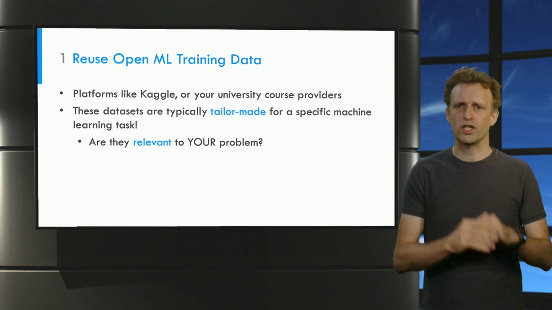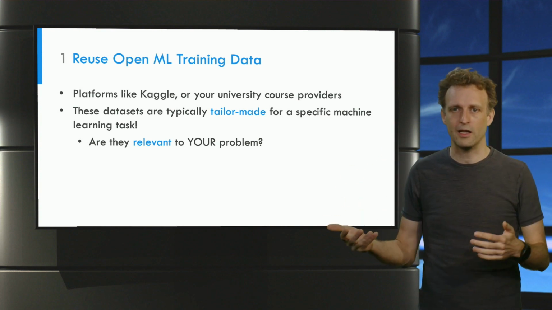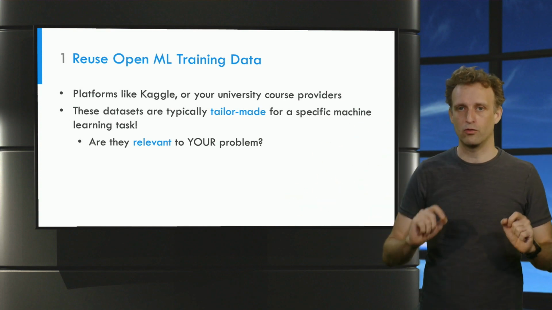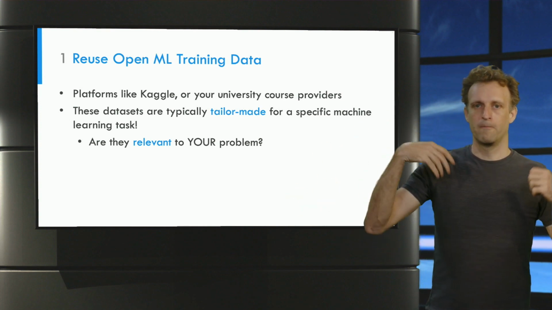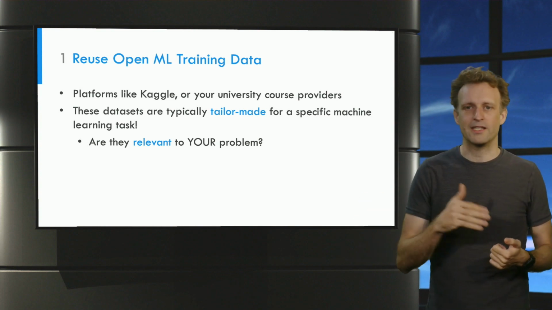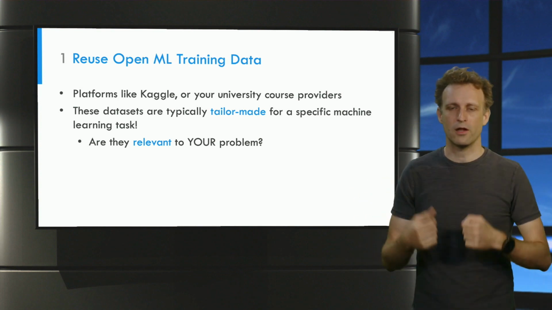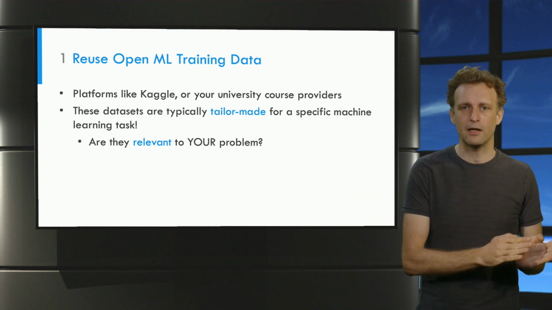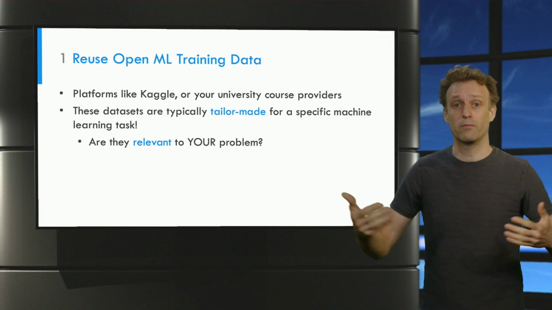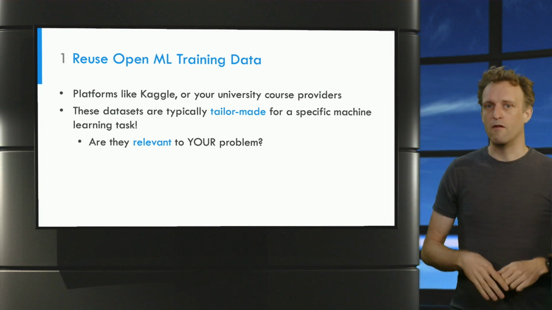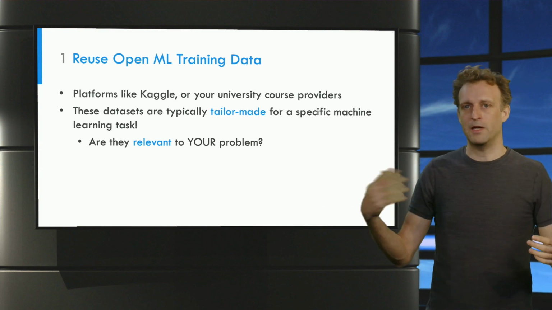You can then, of course, still try to reuse some of these datasets, but then the big question is if that dataset is still relevant to your task or not. But as you're watching this introduction video, you're probably still in your education and training phase. So reusing some pre-made training and test data is a great way to quickly get a project going in order to practice and develop some machine learning development skills without being bogged down by data management issues.